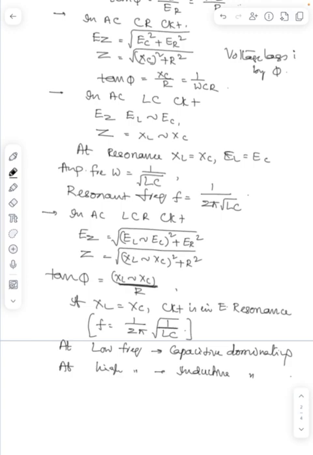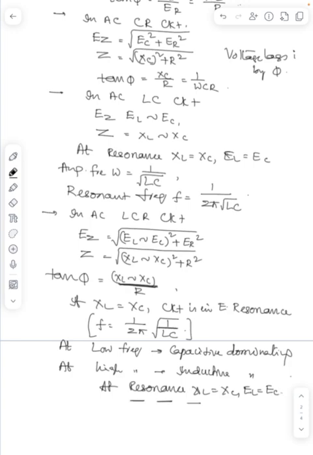At a certain frequency, resonance, omega L equal to 1 by omega C. At resonance, XL equal to XC and E L equal to E C.